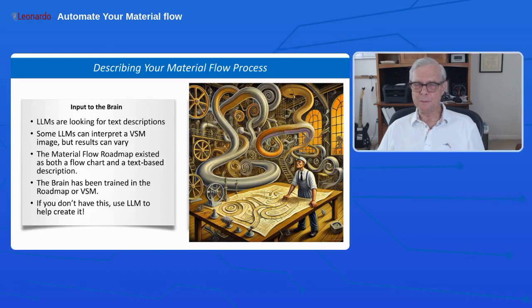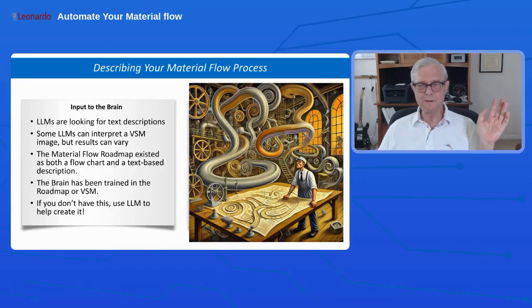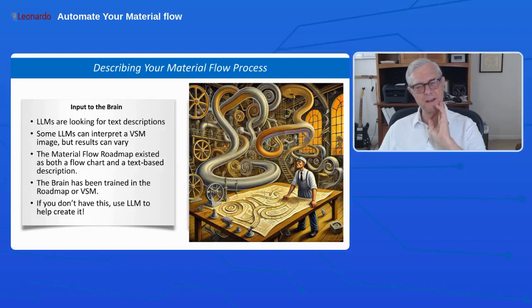My wife happens to be an architect, and so she's very sensitive to this particular reality that if you don't really have detailed specifications, drawings, then what you end up with is change orders from a contractor, or in lean manufacturing lingo, it's rework. And so we don't want that.